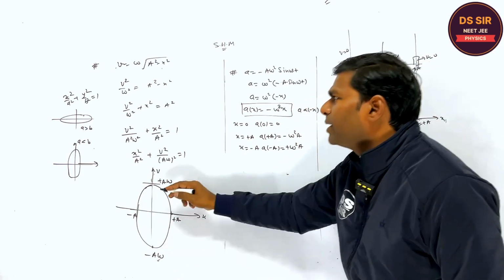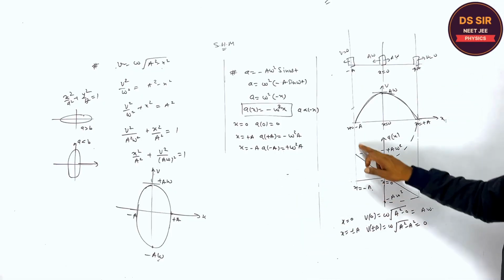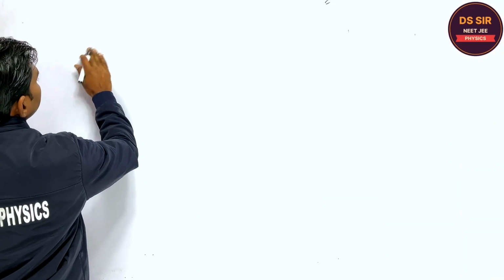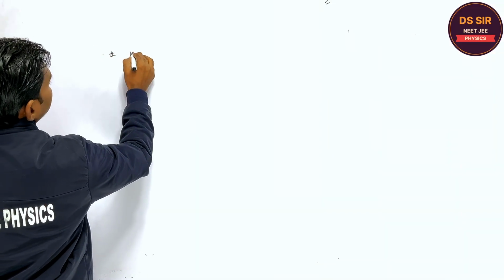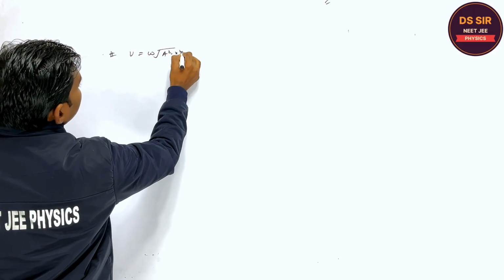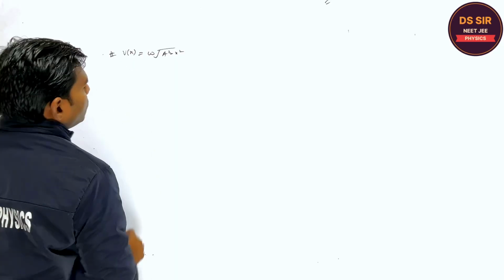So it is a complete graph, it is given in the book, that's why I have made this. Copy this. So we have seen the velocity as a function of x, a square minus x square. Is it clear or not? This is the speed as a function of x.